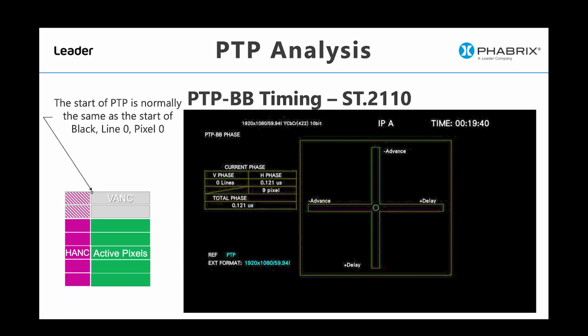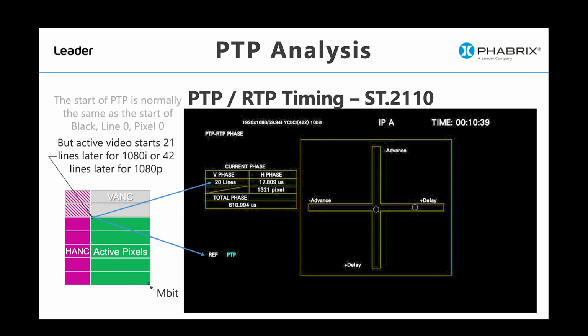So those points 0, 0, that's the start of PTP, and you lock at the start of where active video is. In this case, it started one line early, but like most things, there is a window within which you can lock. So most systems, if it didn't go out 21 lines, went to 20 lines.